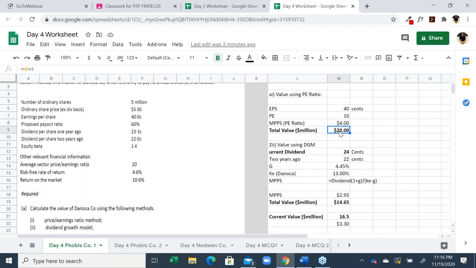It may be willing to sell it for $20 million because it's higher than the current stock market value. So this may be the value, and this value has a significance for this company.